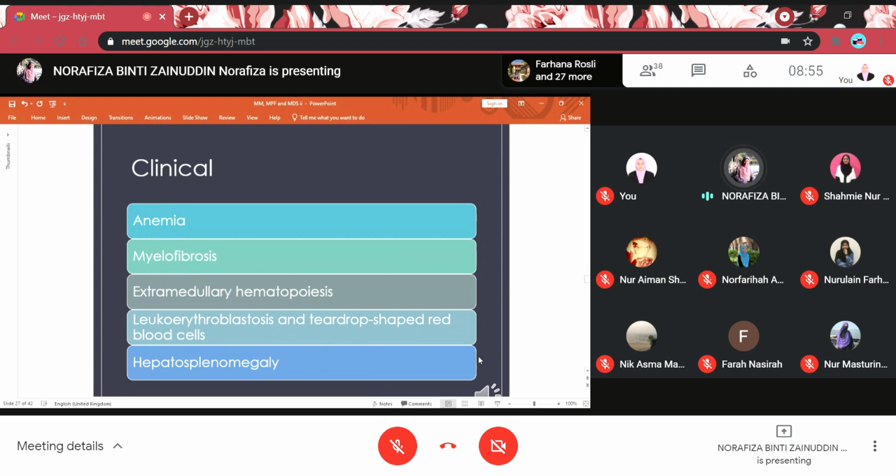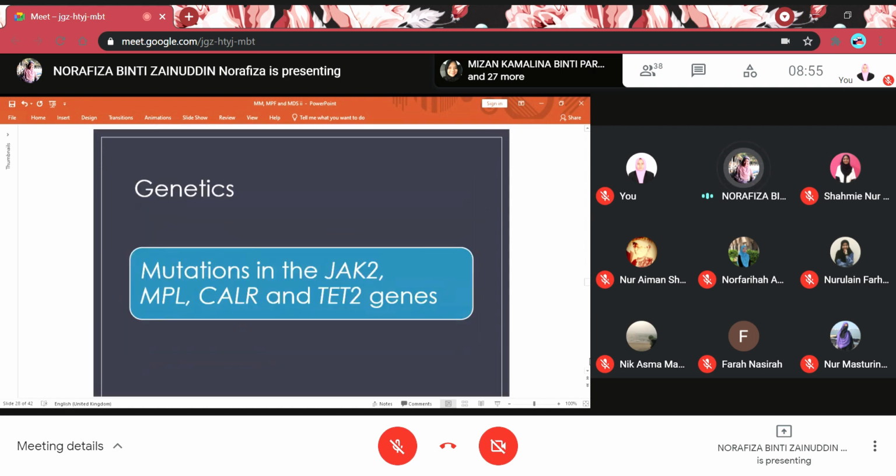And the major cause of morbidity and mortality is AML in 5 to 30% of patients, bone marrow failure due to hemorrhage or infection, thromboembolic events, portal hypertension, and also cardiac failure. Okay, so these patients are also diagnosed based on genetics.